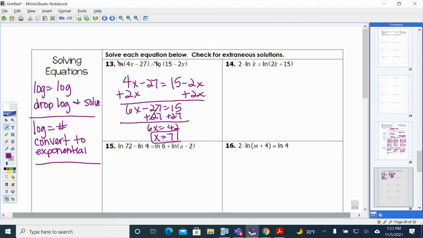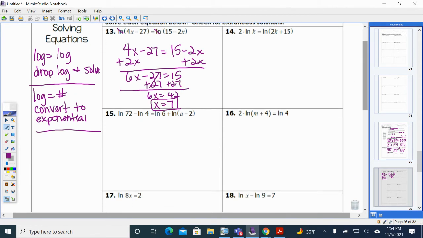Let's jump down to number 16. Actually, 15. Let's look at 15. Number 15 has a log on both sides, and it has too many logs on both sides. So we're going to condense the left, condense the right before we drop the logs.